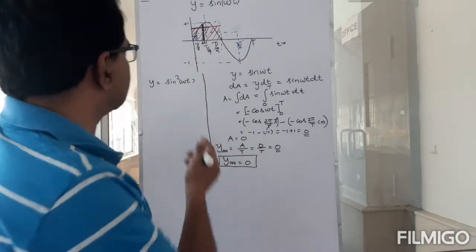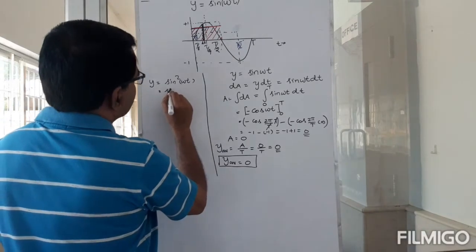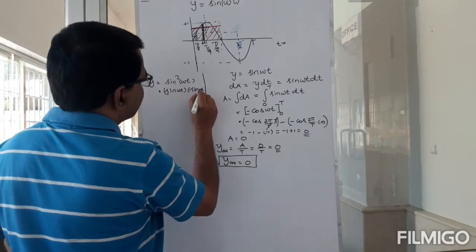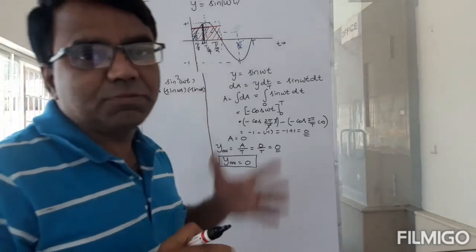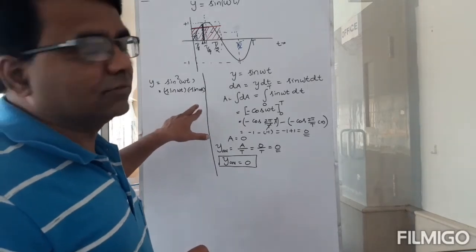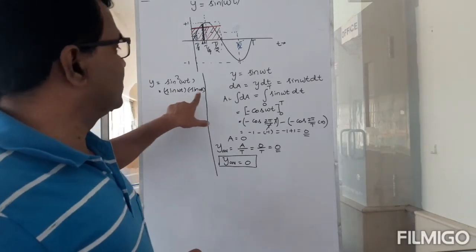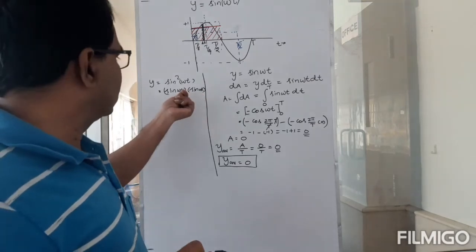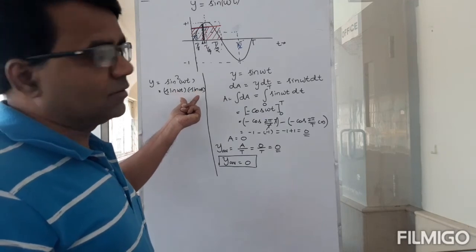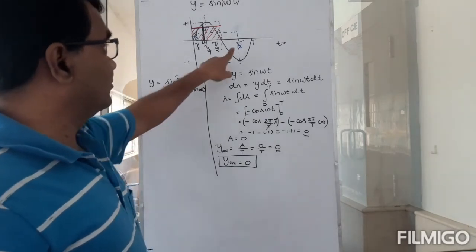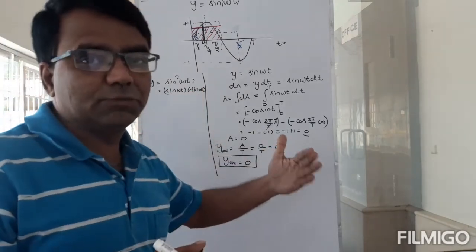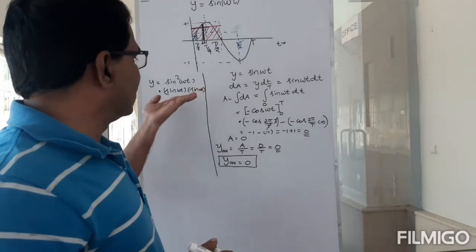So this is equal to sine omega t into sine omega t. Notice that it is always positive. You will never get a negative number for this. Why? Because if this is positive, this will also be positive. But if this is negative, this will also be negative, and when you multiply a negative quantity with another negative quantity, you get positive.